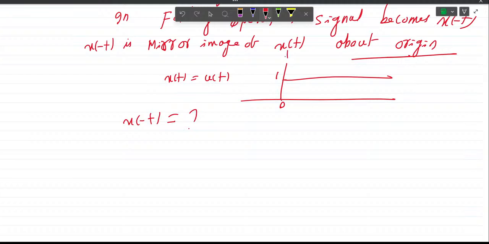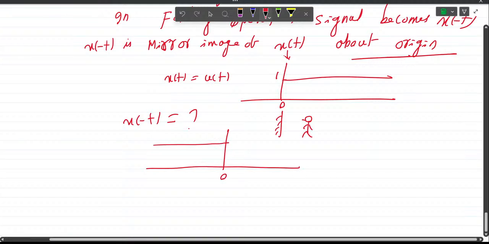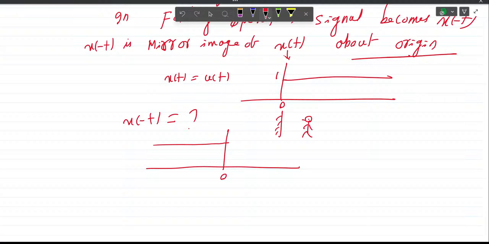Put a mirror here and see how the image looks. You put a mirror here and you stand here and look. How does the mirror image look? Obviously this will be looking like this. Yes or no? So this is the x of minus t.